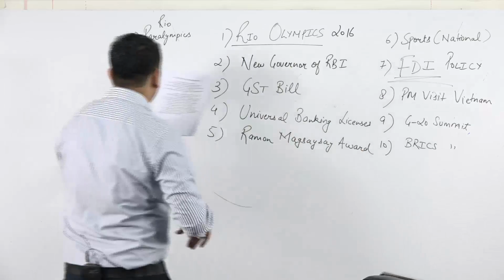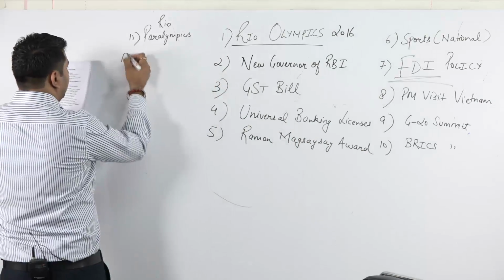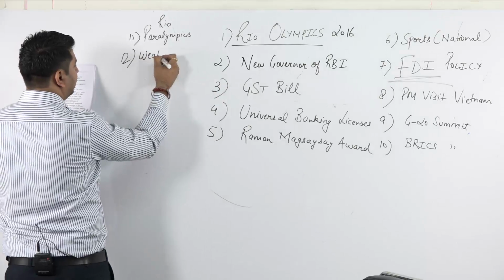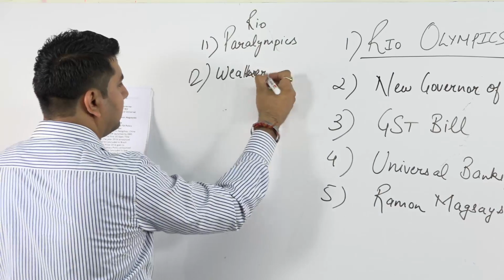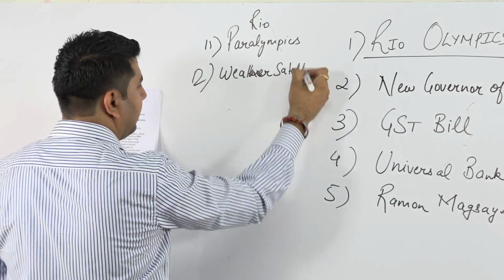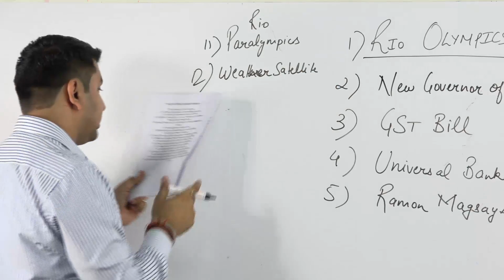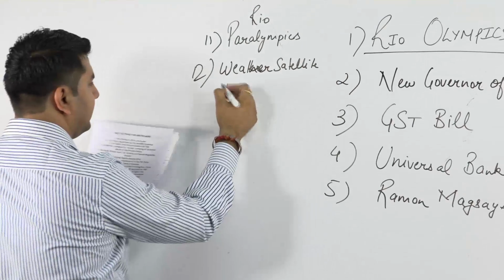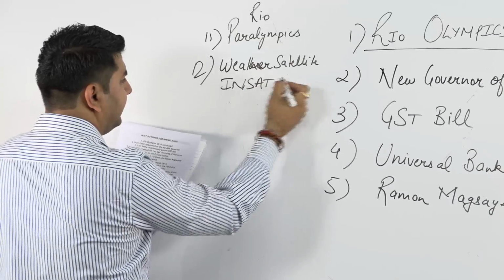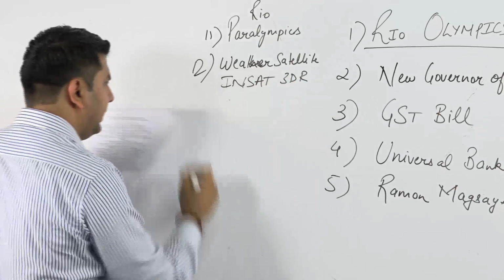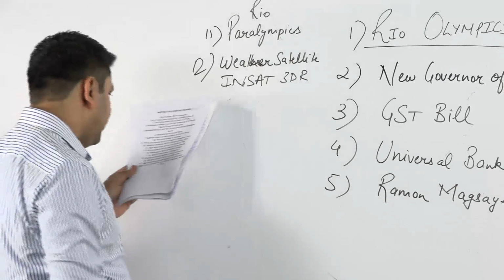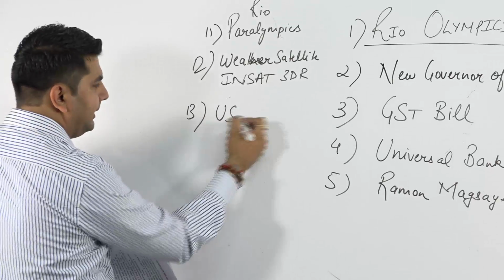Then the next important topic, weather satellite. And what is the name? The name is INSAT 3DR. Then the next point, US Open.